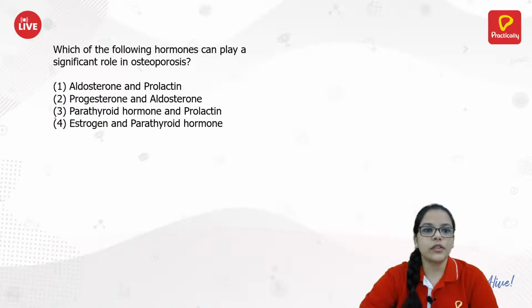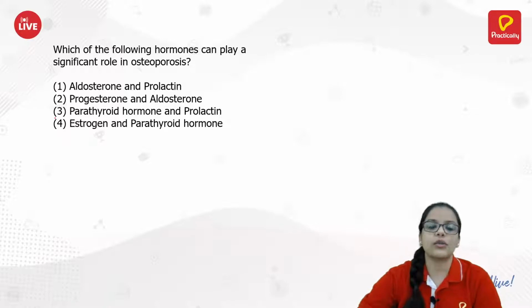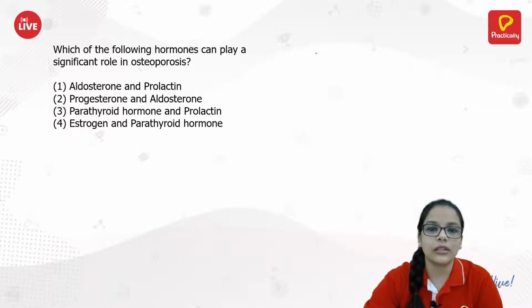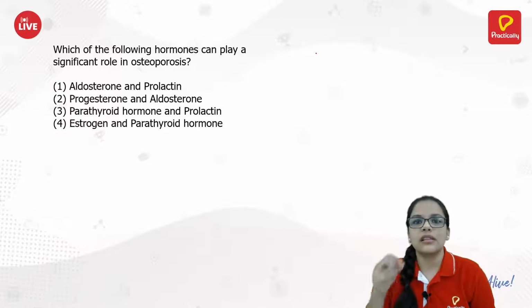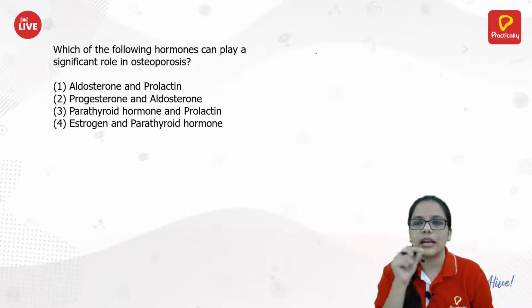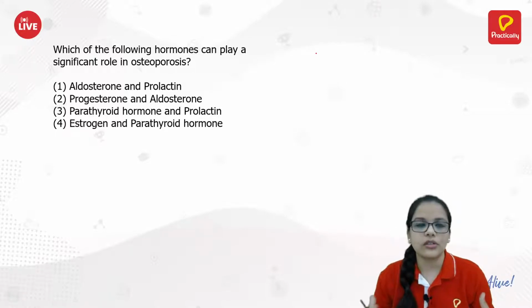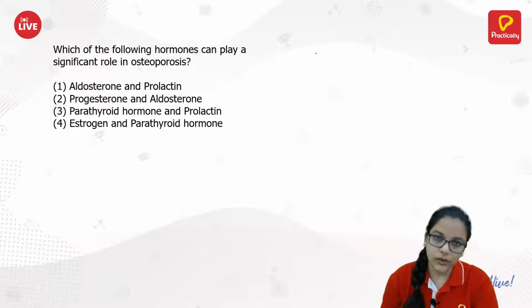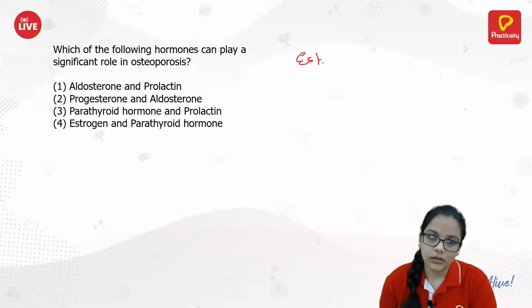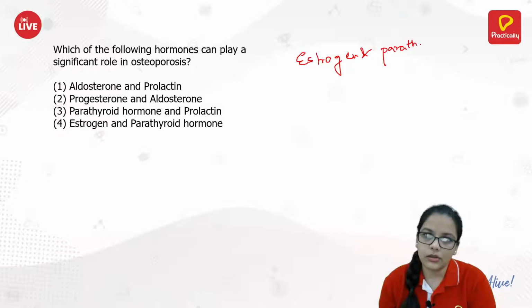Next. Which of the following hormones can play a significant role in osteoporosis? Osteoporosis is a disease where there might be some hormone problems, mostly in elderly women. What happens is there are hole-like structures in the bones, which makes the structure very weak. So this is caused mostly by estrogen and parathyroid hormone.